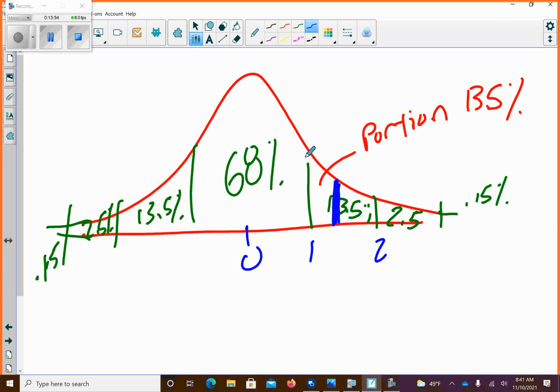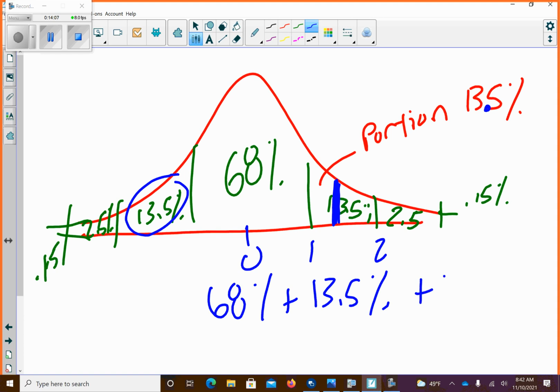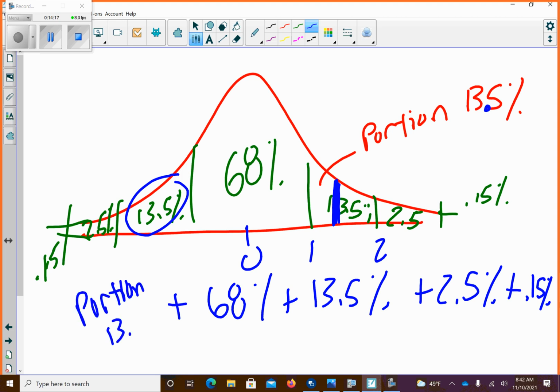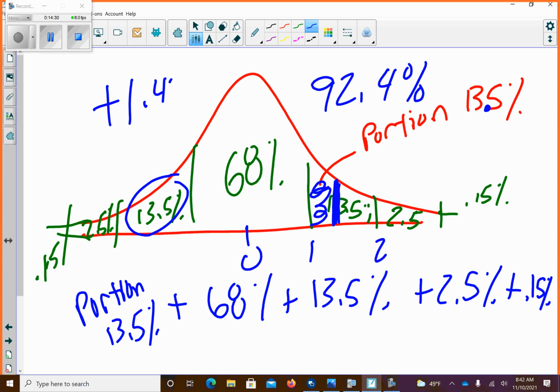And then you're talking about, would that 68%, there's a 0.5 right there, plus this 13.5%, plus the 2.5%, plus the 0.15%, plus the portion of 13.5%, the portion here. Does that seem reasonable that you're talking about 92.4% if your z-score was at positive 1.43? And I think so.